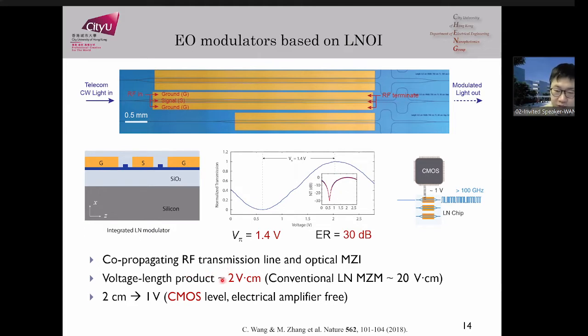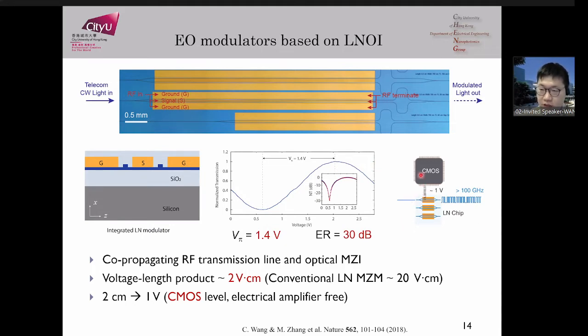Right, and we find this product to be about an order of magnitude smaller than the traditional bulk lithium niobate modulators, and that 2 volt centimeter number means that nowadays you can build a device that is only about 1 volt with a length of about 2 centimeters, and so this is a device we actually measured. Right? So if you go from transmission off to transmission on, you only need about 1.4 volts, and that means actually, for system applications, you can get rid of the amplifier, right?